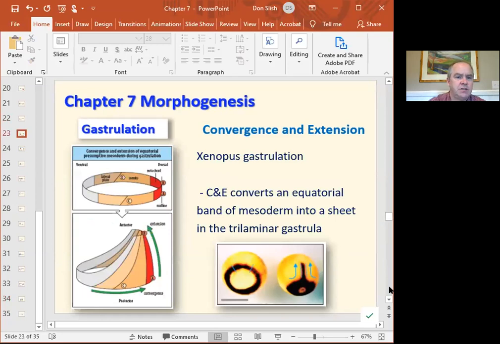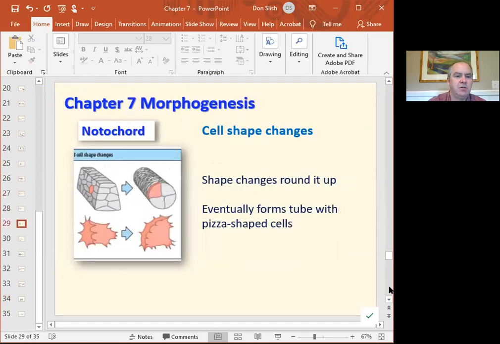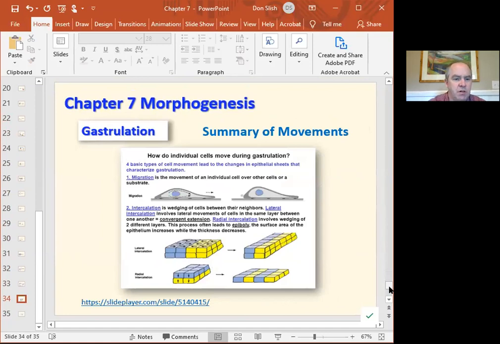Okay, so there's intercalation. Oh, right, with the mesoderm coming in through the blastopore. That's also a form of lateral intercalation. And then with Xenopus, we also talked about epiboly, and I said radial intercalation. That's what radial intercalation is.